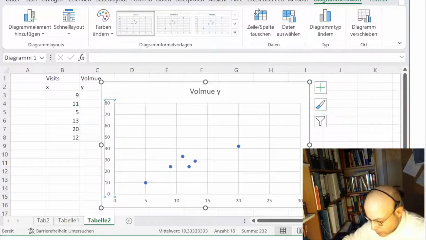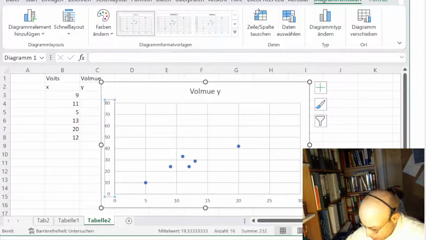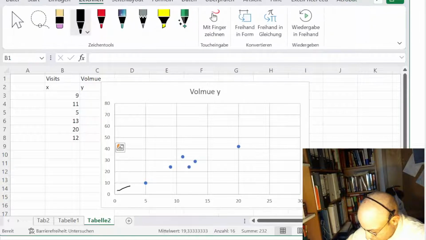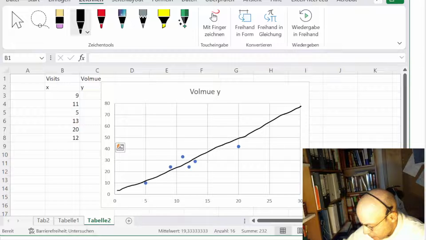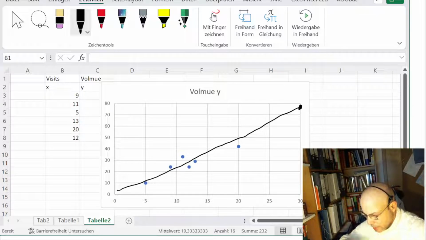And if we now make, for example, a fit by eye, then we could think that maybe we have a line lying here, and what we are interested in is this possible point up here.